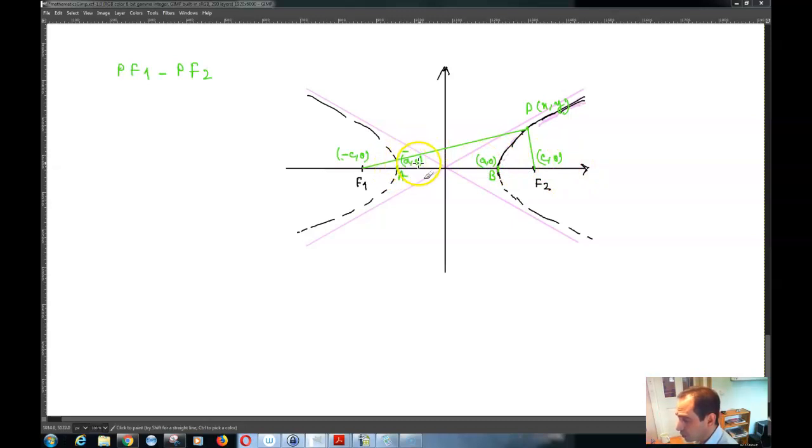The point A, I already know that the coordinates of this point are basically negative A comma 0.